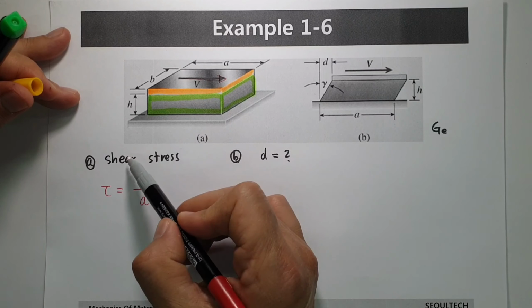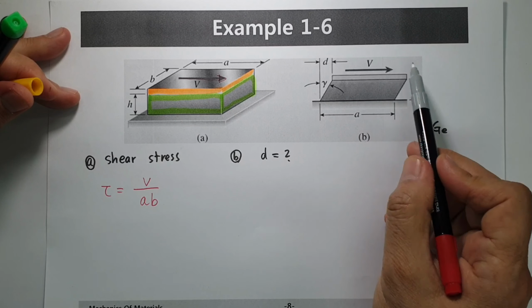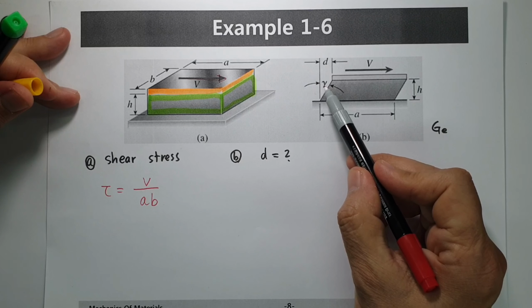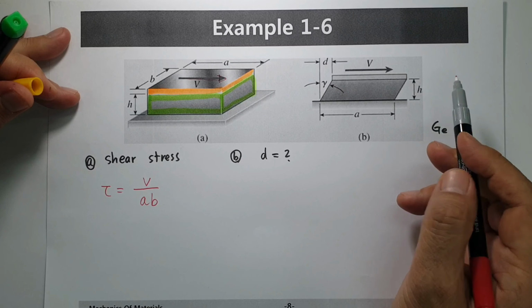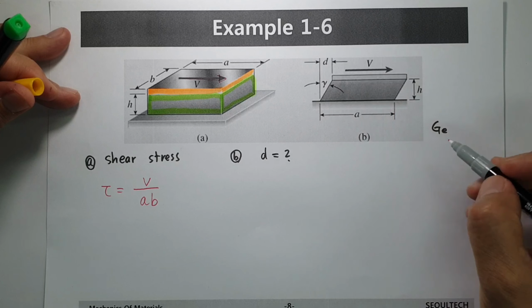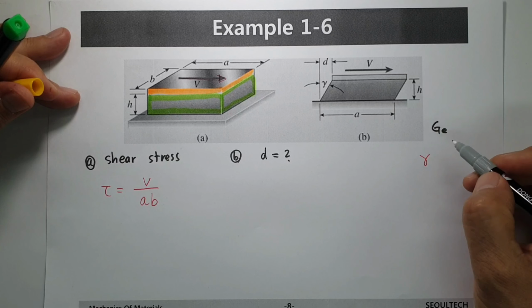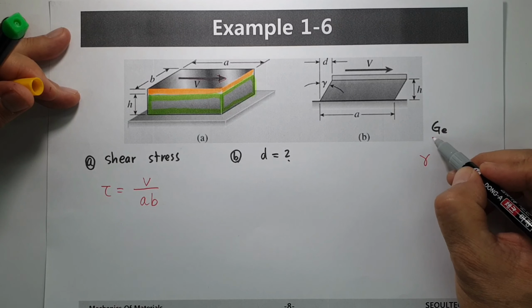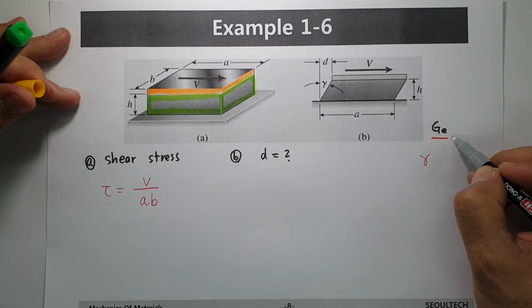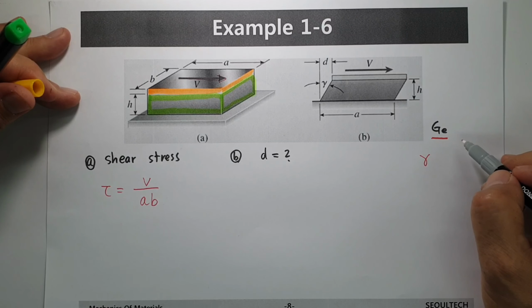When you see from this side, it can be drawn like this, with a, gamma, d and h. Of course, we assume here gamma is a very small value, and G is the shear modulus of elasticity.